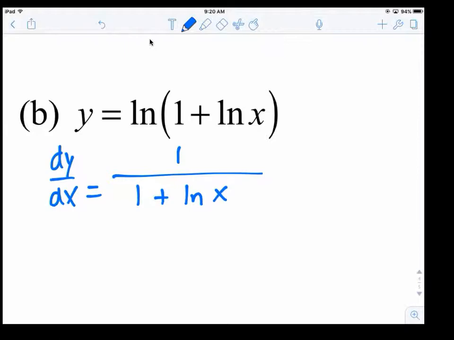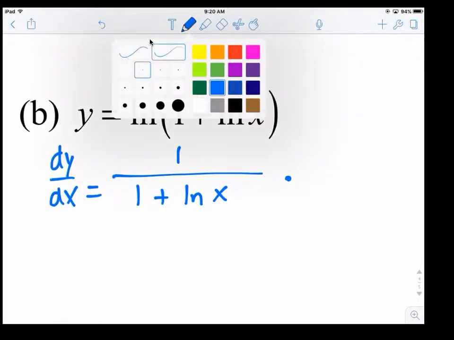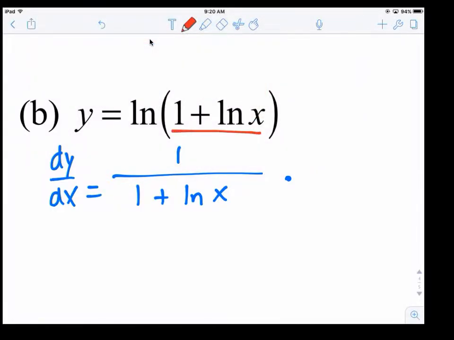Good. Times now, you got to take the derivative of the inside part, which would be what? 1 over x. Good. So the derivative of 1 is just 0, right? And then the derivative of ln of x is just 1 over x.